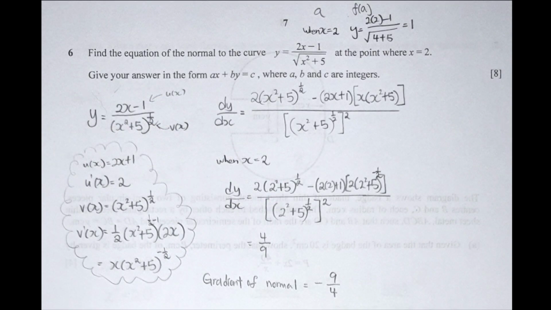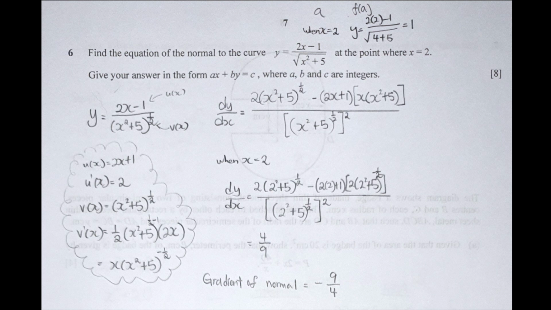Question 6 over here. Find the equation of the normals to the curve y equals 2x minus 1 over the square root of x squared plus 5 at the point where x equals 1. Okay, so for this part you can actually use the formula.